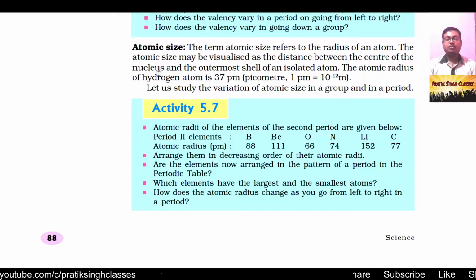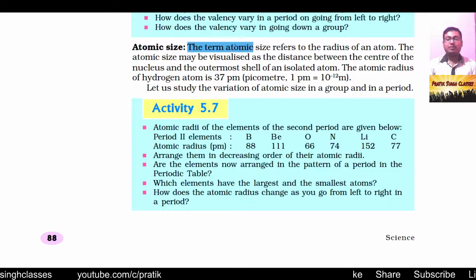Now coming to atomic size. As we know very well, when the number of electrons increases, the atomic number will increase, and thus the size will increase, but not in a perfect manner. So what really happens is, as the number of shells increases, atomic size will increase.